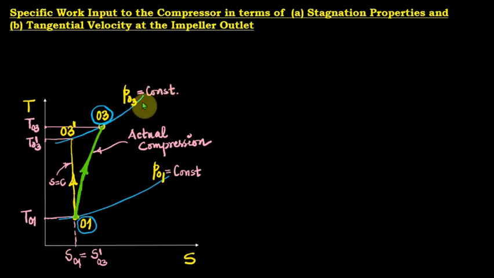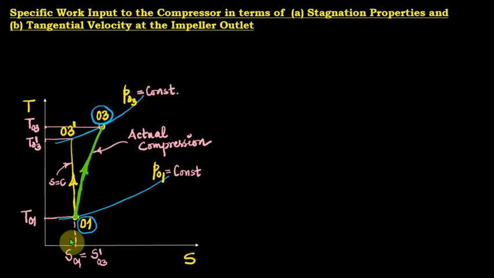Then, the constant pressure line passing through 0,3, the stagnation state corresponding to the outlet condition. So 0,3 is the outlet of the diffuser or outlet of the compressor, and that logarithmic curve is represented by this line, along which the stagnation pressure P03 is constant.